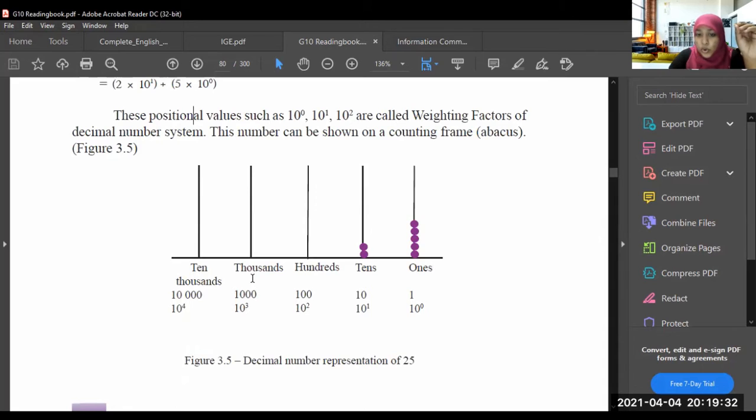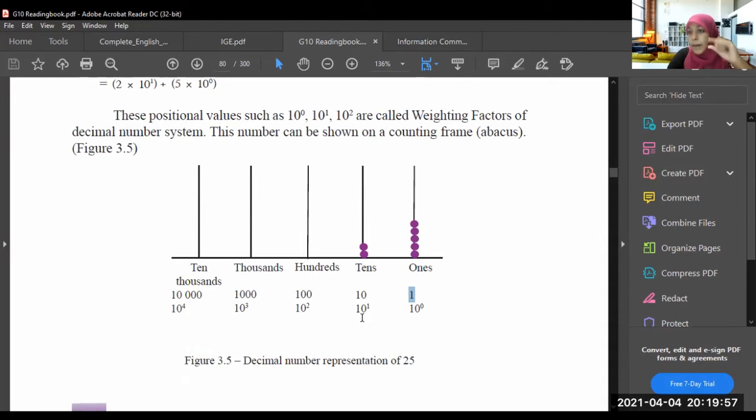So here it shows the position of the 5 in the ones, right? The ones mean 1, which is 10 to the power 0. So 10 to the power 0 is equal to 1. 10 to the power 1 is equal to 10.